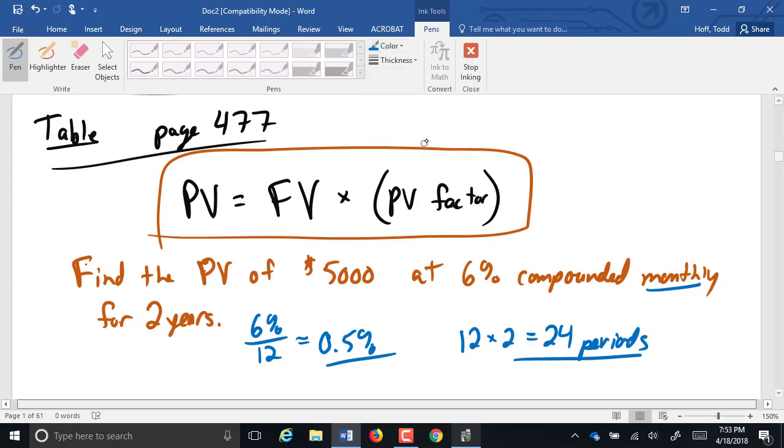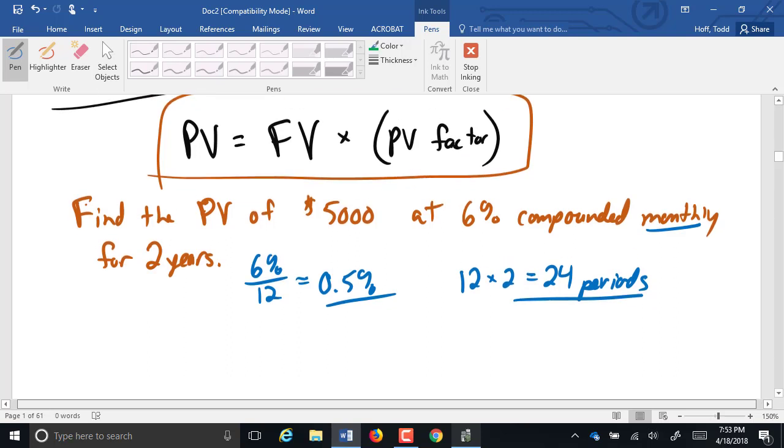So we look those up and we will get a factor of 0.88719. So we would take our future value of 5,000 times that.